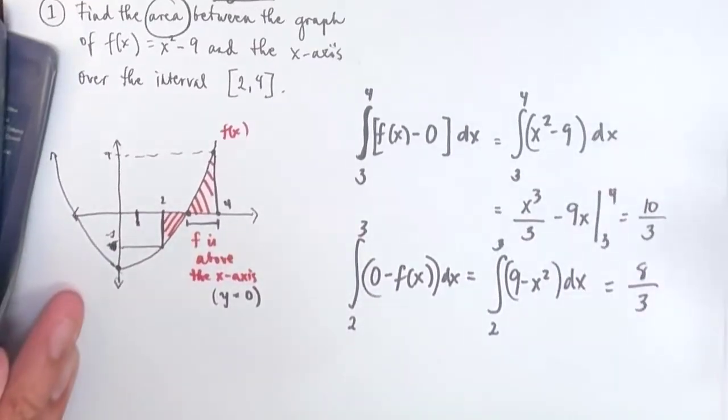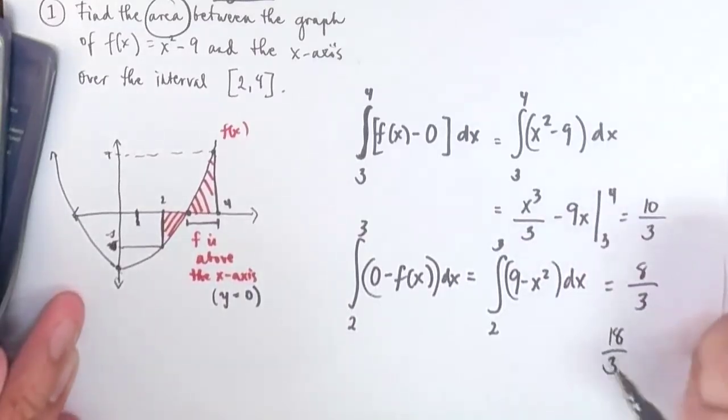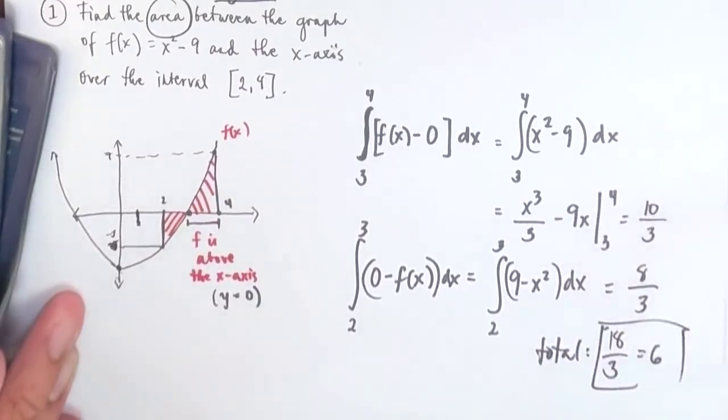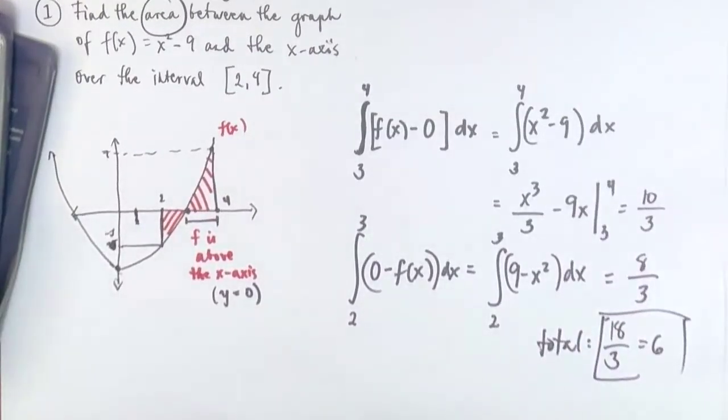In which the total area would be 18/3, which is equal to 6. Okay, 10/3 plus 8/3. Okay.